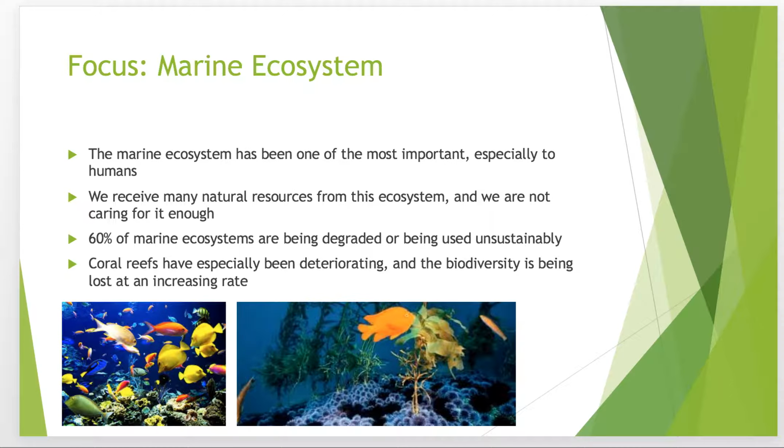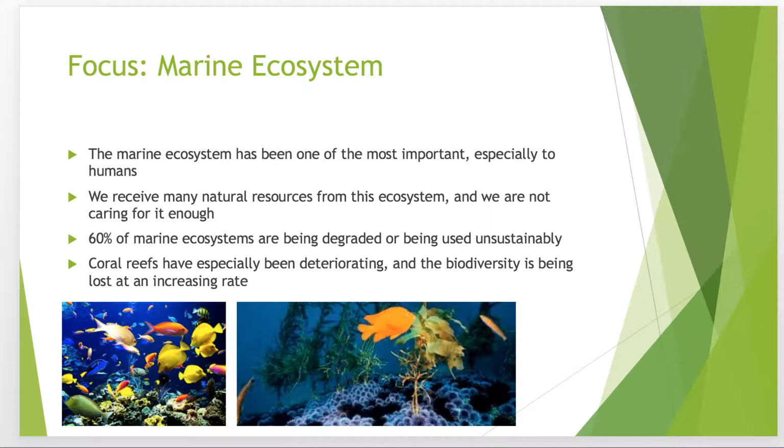So, focusing in on one ecosystem, the marine ecosystem. The marine ecosystem has been one of the most important ecosystems, especially to humans. We receive many natural resources from this ecosystem, and we are not caring for it enough. Take a look at this fact: 60% of the marine ecosystems of the world are being degraded or being used unsustainably.